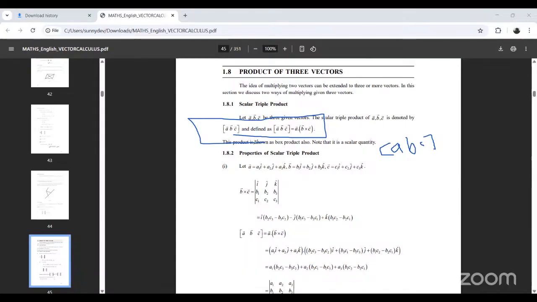So that is the box product, a scalar quantity.